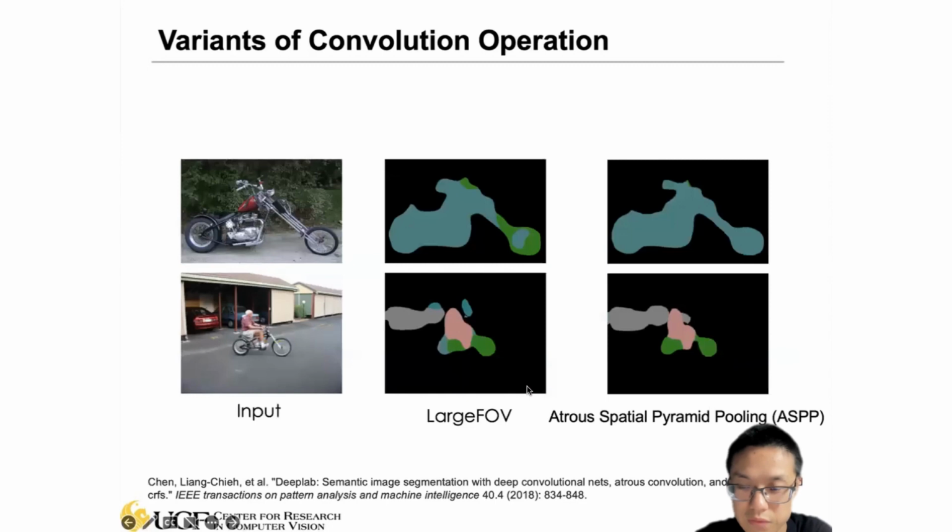Here I'll give you an example from this particular paper, DeepLab. They use dilated convolution to extract features and perform semantic segmentation, basically assigning a label to each of the pixels. This is the input and this is the result. Using dilated convolution, they were able to increase the receptive field size and get a better result for segmentation.